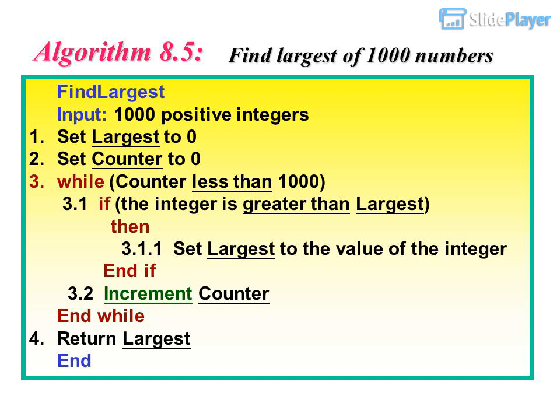Input, 1000 positive integers. 1. Set largest to 0. 2. Set counter to 0. 3. While counter less than 1000, 3.1 if the integer is greater than largest, then 3.1.1 set largest to the value of the integer. End if. 3.2 Increment counter. End while. 4. Return largest.